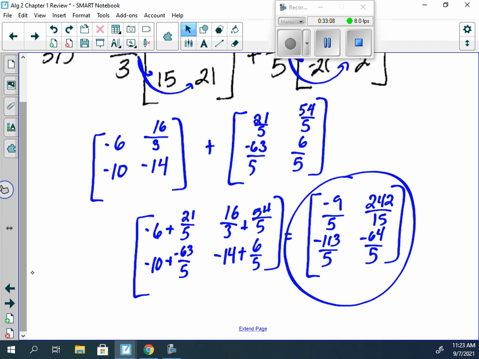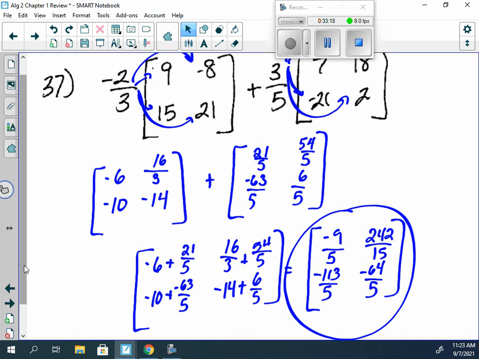You could have also used the graphing calculator and typed it in from the get-go. And that would be even easier because you'd define matrix A as 9, negative 8, 15, 21. Define matrix B as 7, 18, negative 21, 2.